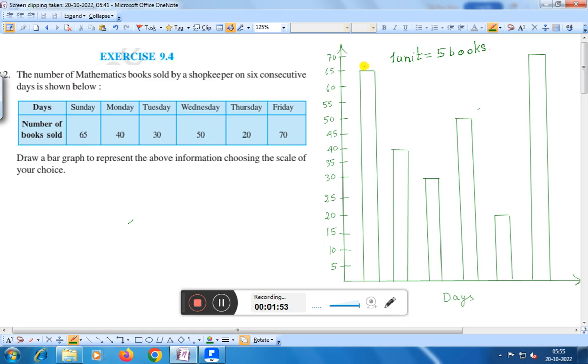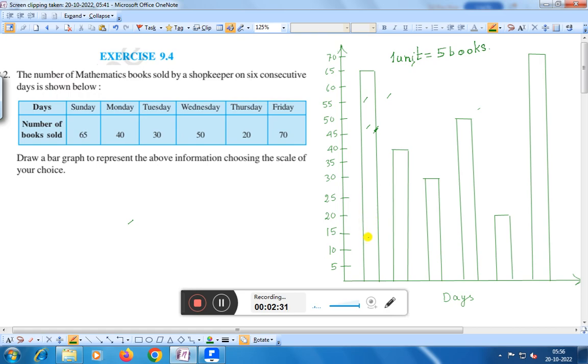Here you see, this is 65. Therefore this is the bar graph of Sunday. This is Sunday, that is 65 books.